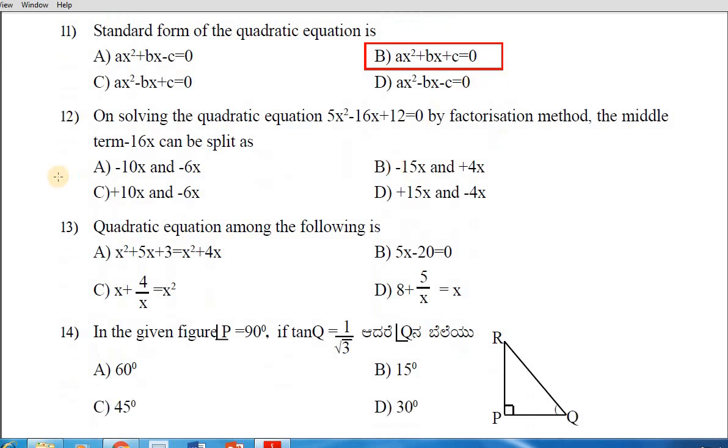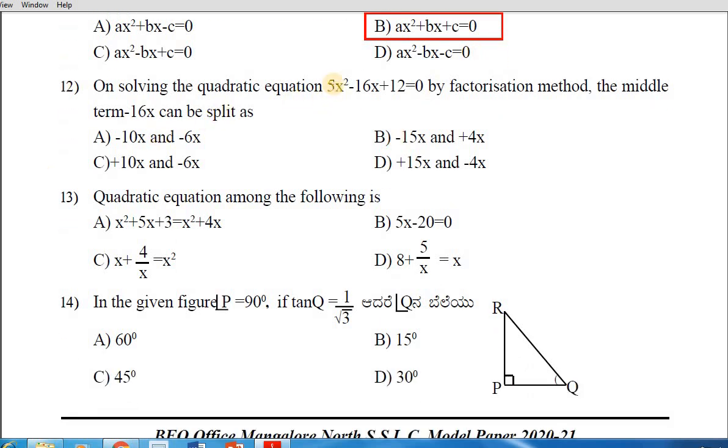Question number 12. On solving the quadratic equation 5x square minus 16x plus 12 equals to 0 by factorization method, the middle term minus 16x can be split as. So here they are saying we wanted to use the factorization method only.